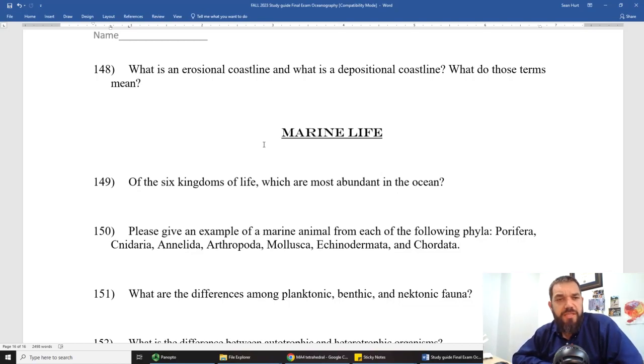You should know those six kingdoms of life: archaea and bacteria, those are the prokaryotes, followed by protists, animals, plants, and fungi, those are the eukaryotes, right? In the ocean, what's most abundant? Probably of all those, the protists are the king. You might not have known what a protist is prior to taking this class, but a lot of the plankton is protist, a lot of the seaweed is protist, right?